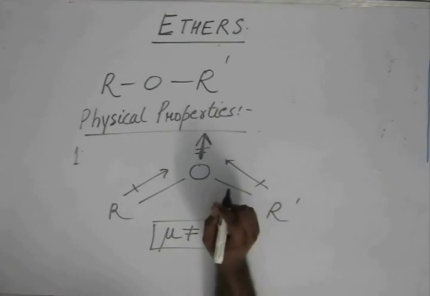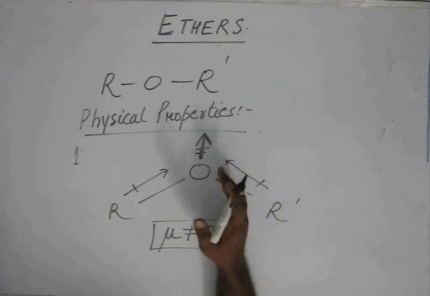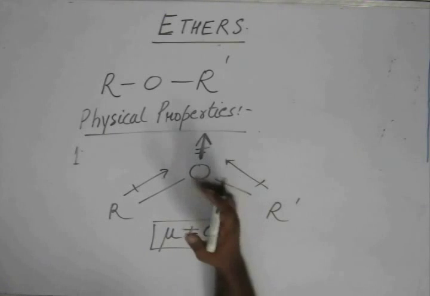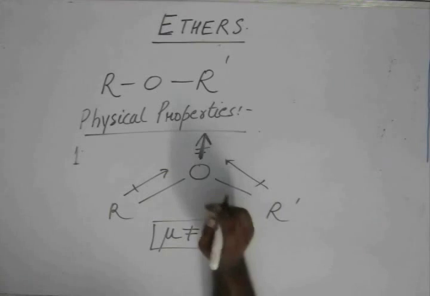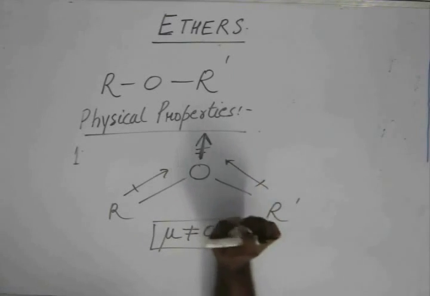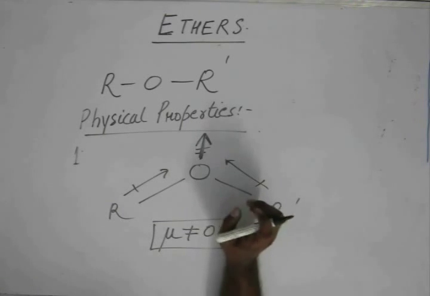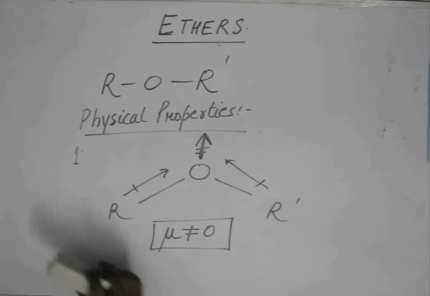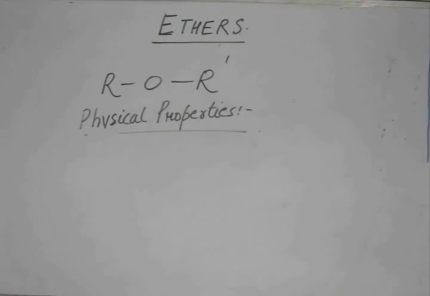This hydrogen bonding elevates the boiling point of the carboxylic acids and the alcohols to a very great extent. Ethers have a dipole moment which increases the boiling point up to some extent, but not as much as in the case of alcohols or carboxylic acids.